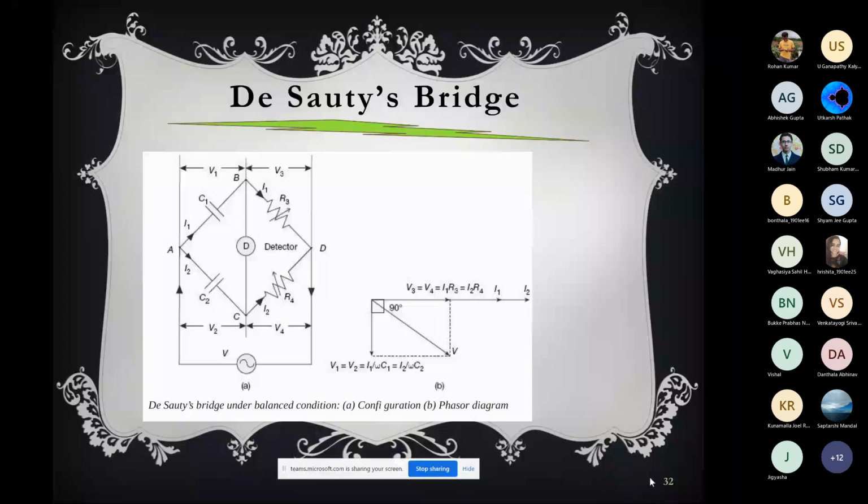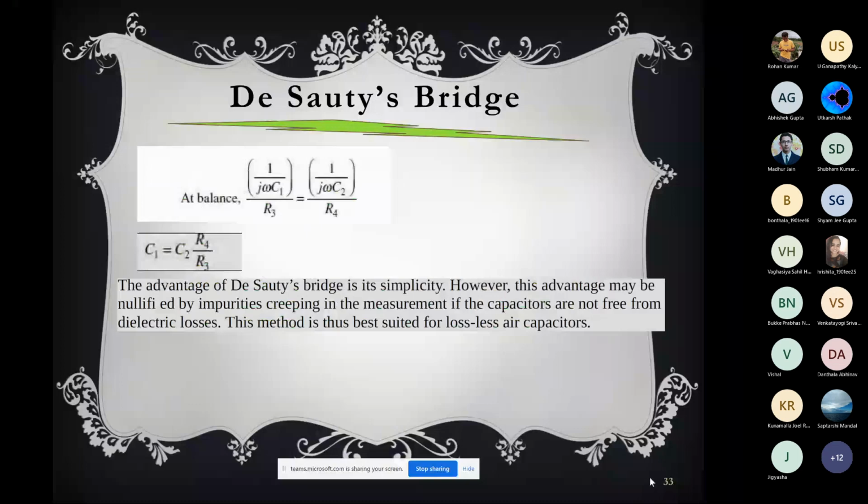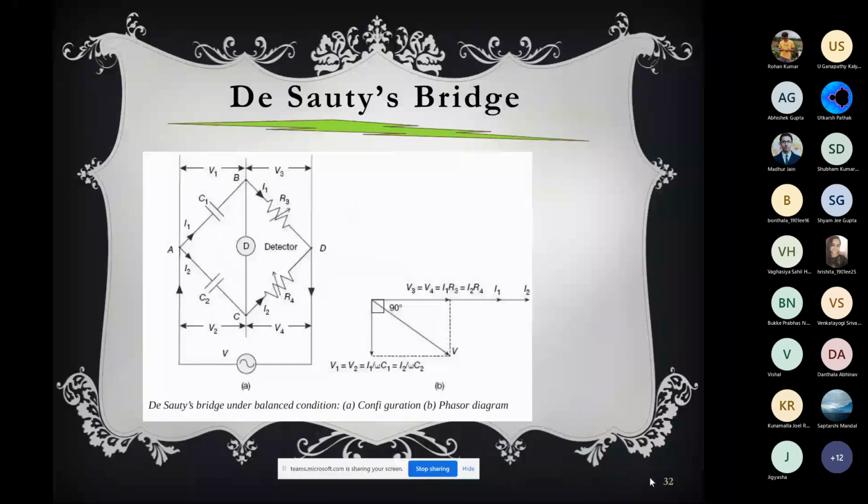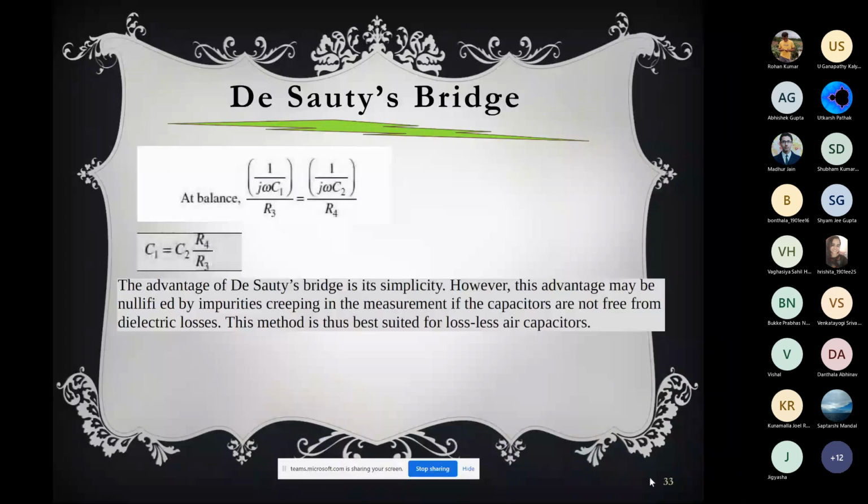If you multiply this, we get C1 equals C2 R4 by R3. Here the unknown is on arm AB. So the unknown C1 can be calculated very easily with the help of C2, R4 and R3. You have to achieve the balance condition by varying R4 and R3, and by that you will get the C1 value, if you know C2.